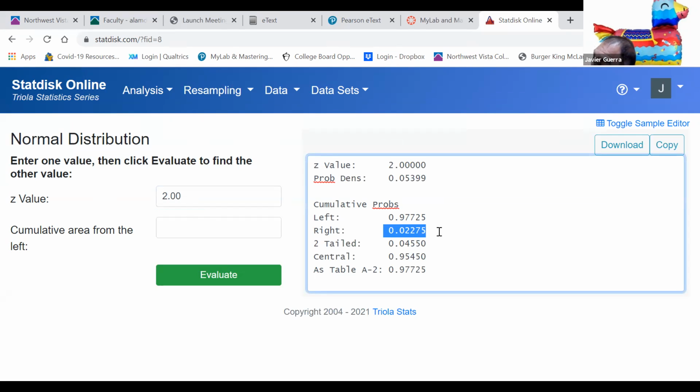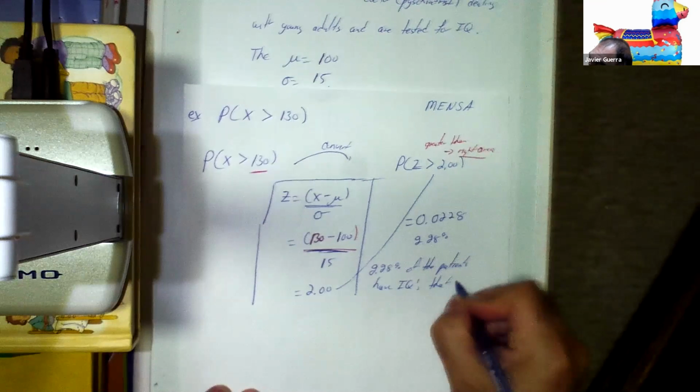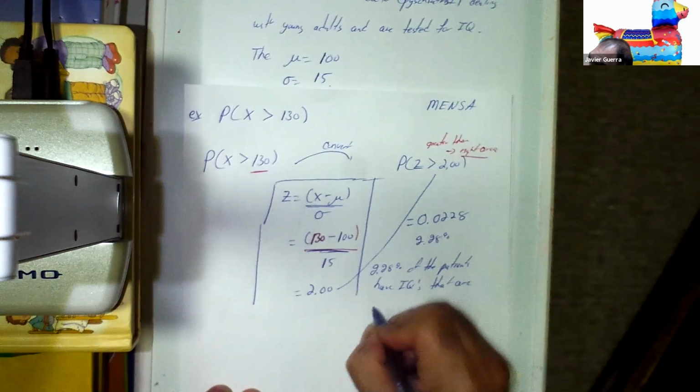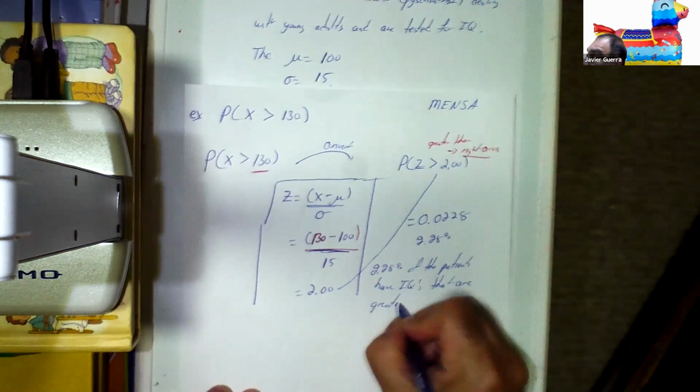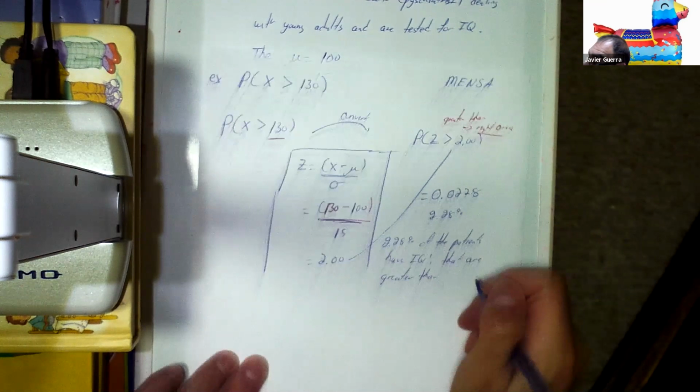So 2.28% of the patients have IQs that are greater than 130.